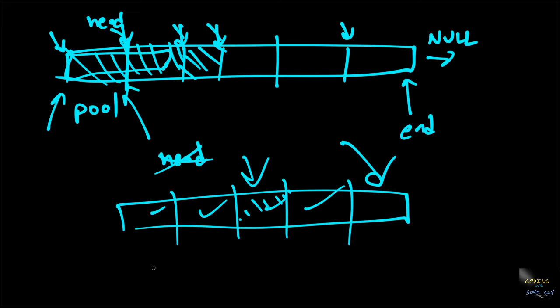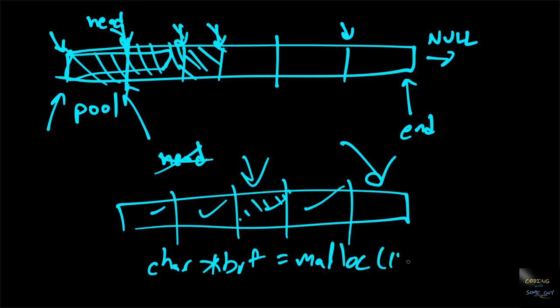Because let's say I set myself a character array and I want it to be a buffer. From your allocation, I want to malloc 1024, so let's say we want to get a K. What would happen if the middle of this thing was not contiguous?